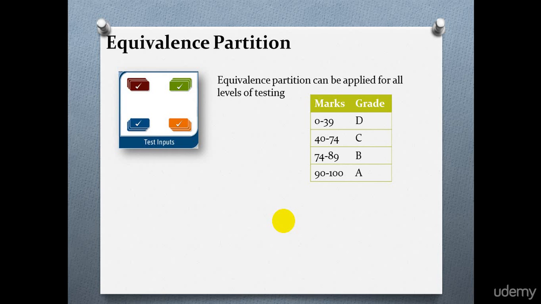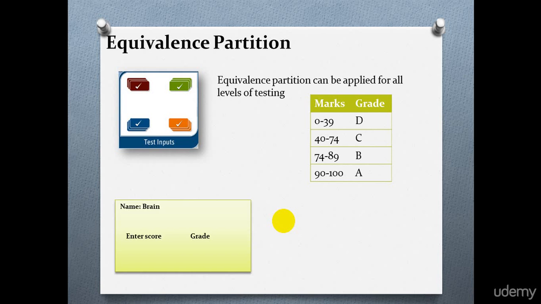If a student scores anything within that specified range, the application would invoke the associated grade for that student. So values within the partitions are considered equivalent.